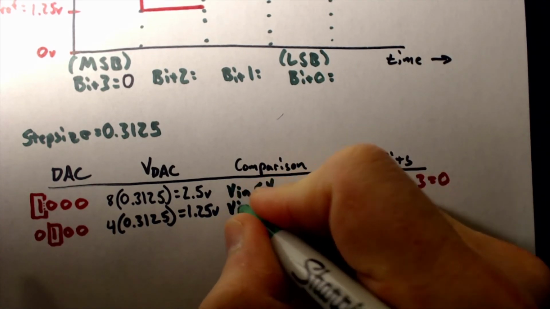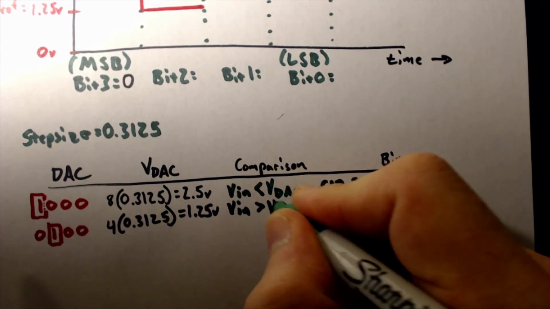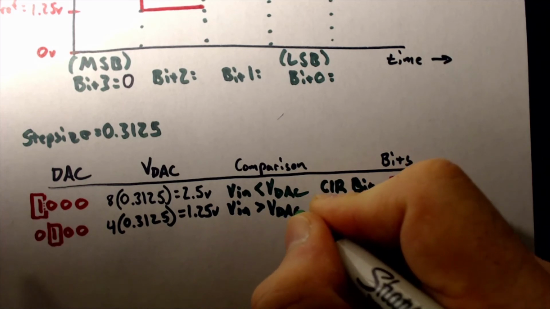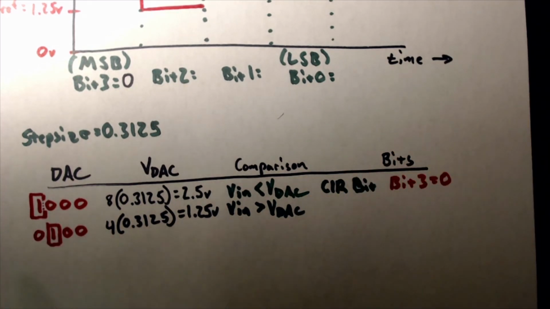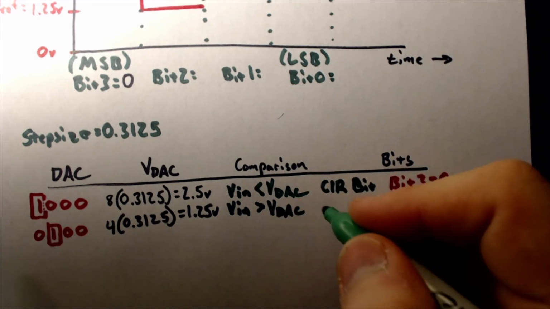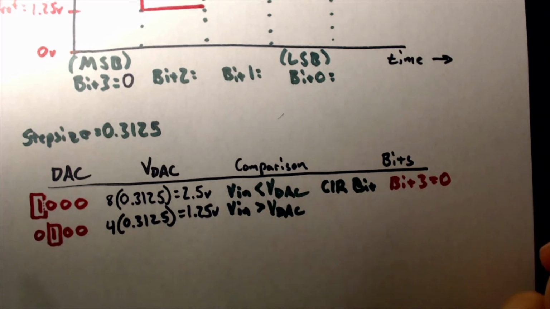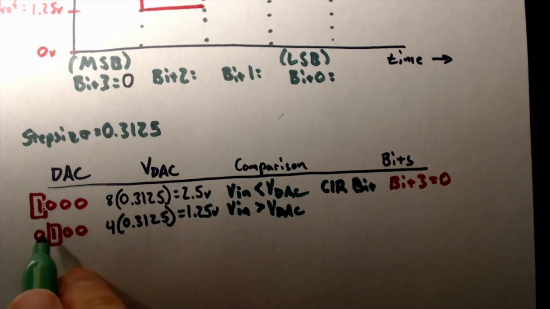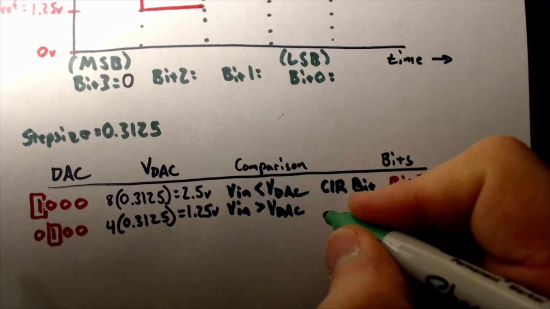So now Vin is greater than VDAC. And when that's the case, we leave that bit set. So we've already set it. I'm just going to say no change.